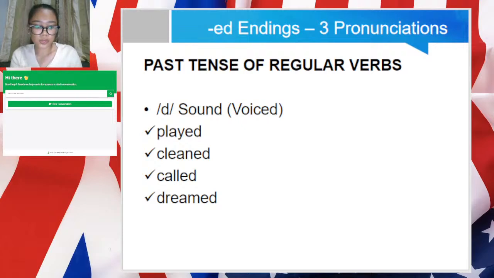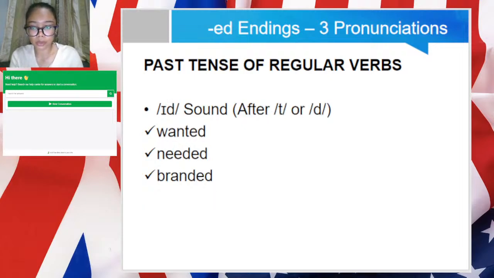All right, let's proceed with rule number 3. Rule number 3 is for when the verb already ends in a t or d sound. So you have to address that. You have to find alternatives for how you can pronounce those words that already have the t or d sound as the last sound.